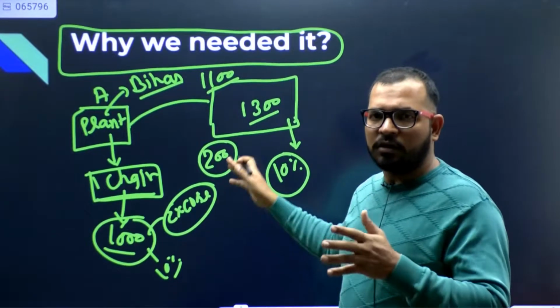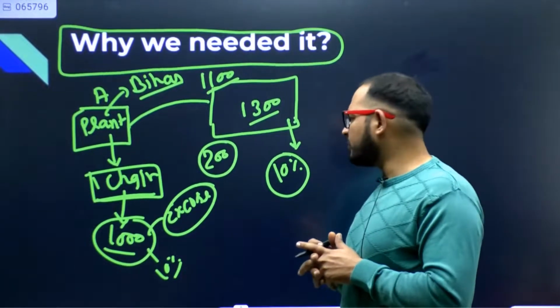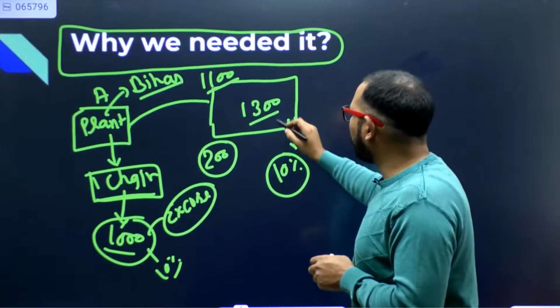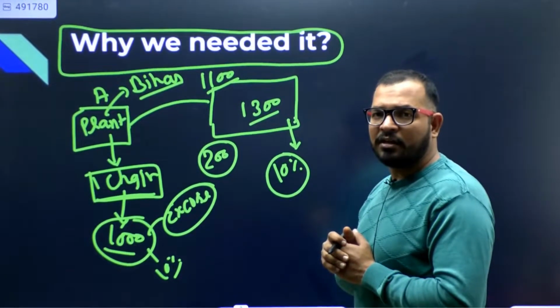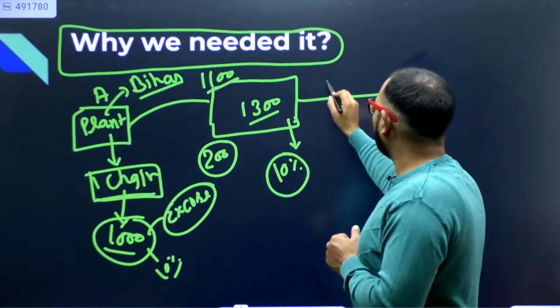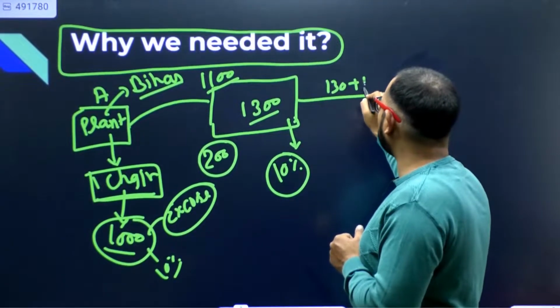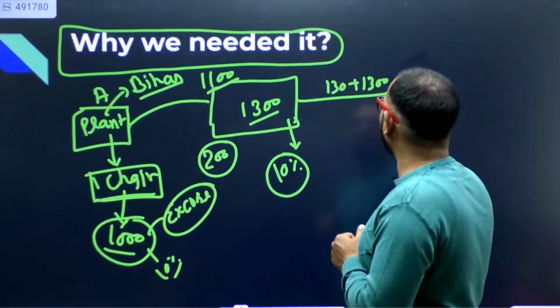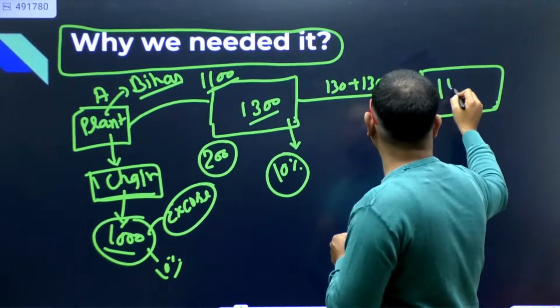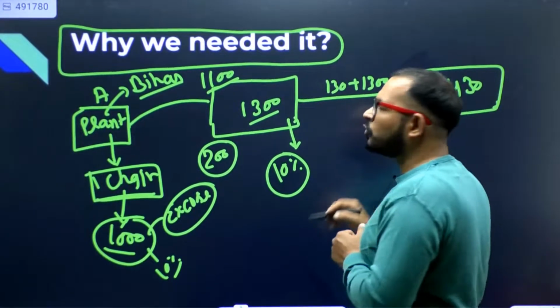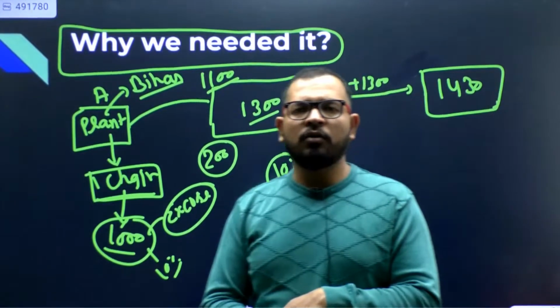It has now been subsumed under the GST. Let's say 10%. So 10% of 1,300 will become 130. So 130 plus 1,300 became 1,430.